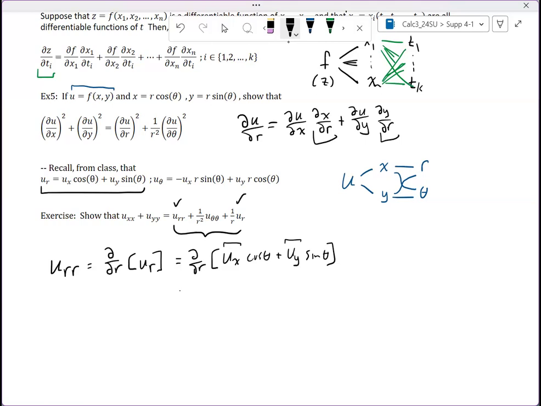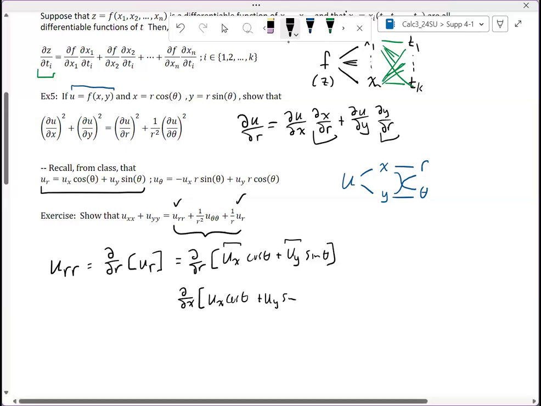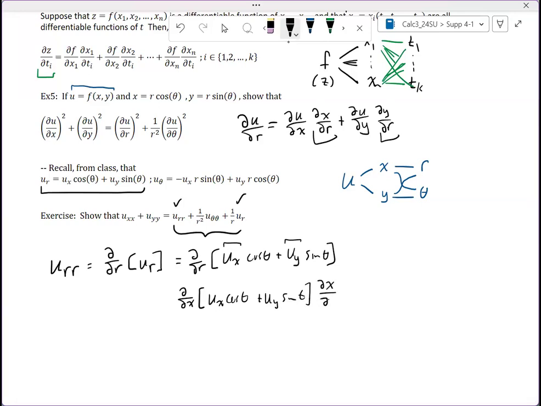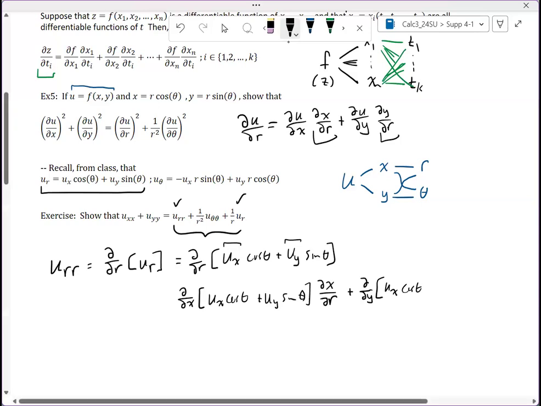This is going to be partial with respect to x of u_x cos theta plus u_y sine theta, times partial of x with respect to r, let's say theta, plus the partial with respect to y of this function, times partial of y with respect to r.